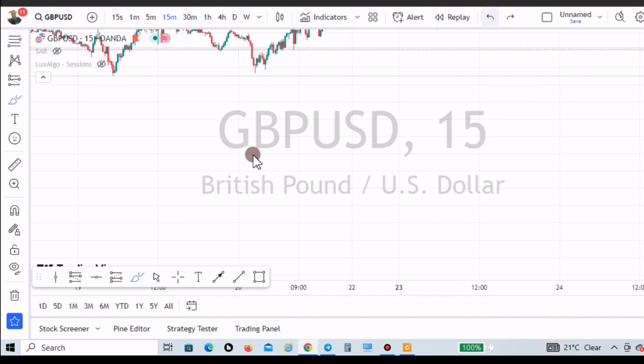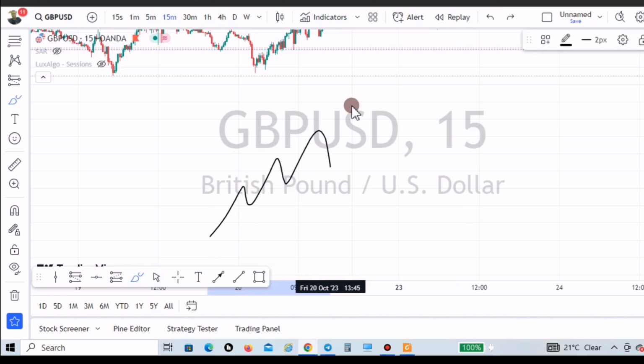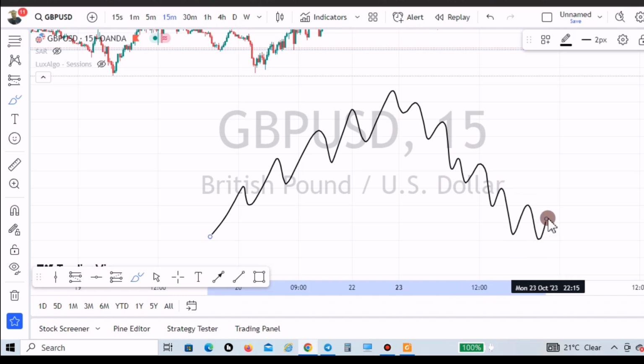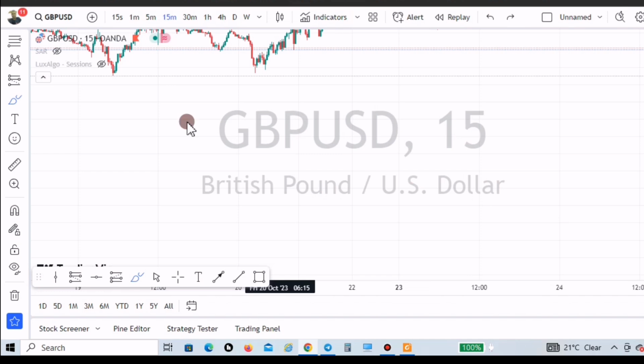Another thing is that you should be able to see something like a zigzag within the trend, because it's easier to analyze and understand when it is like this. So find a time frame that's going to give you something like this. That's the first and most important step.